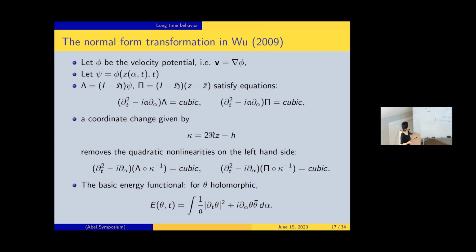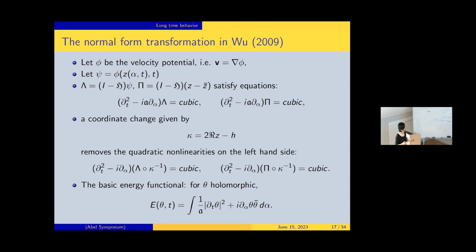And the left-hand side, this a is something related to negative ddt E j, so it still has a quadratic nonlinear term. Now it turns out a change of coordinates given like this, twice the real part of the interface, 2x minus h, where h is the change of variable from the Lagrangian to the Riemann conformal mapping coordinates, will completely remove the quadratic nonlinear term on the left hand side.